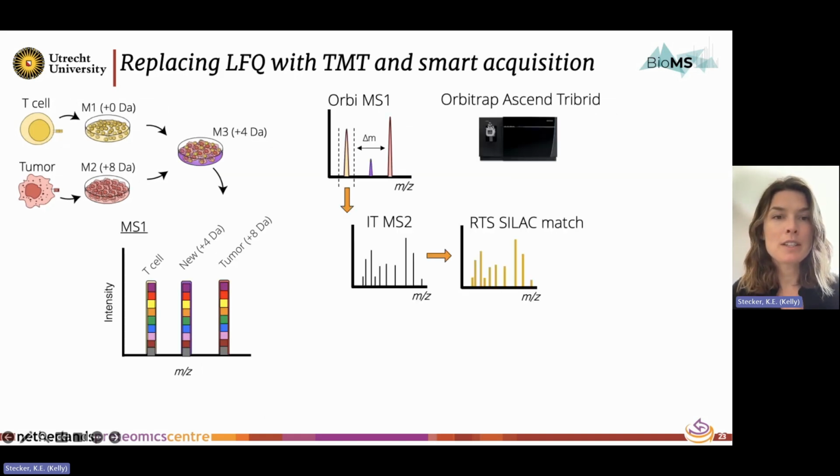So the method is similar to a standard TMT real-time searching approach for MS3, where we isolate a precursor, and then we perform ion trap fragmentation and real-time searching. But in the real-time searching, we specifically set the search criteria for our target SILAC label.